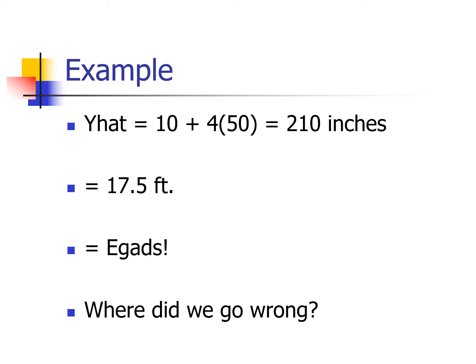But because my extrapolation assumed that every year a person continued to grow 4 inches, even through their 20s, their 30s, their 40s, it assumed that my future father-in-law was 17.5 feet tall. And let me tell you, it definitely made for an awkward first Christmas. All right? So we want to be careful when we generate predictions, particularly anytime we extrapolate.